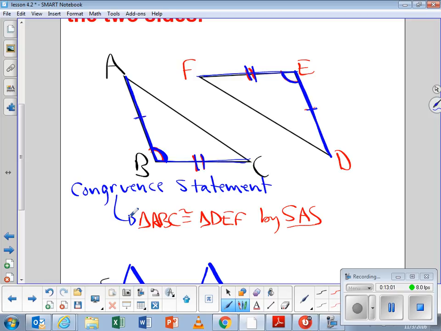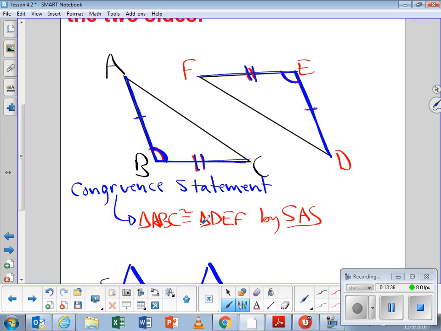It means that you, first of all, identify we're talking about triangles with a triangle symbol. And then you put the letters in the appropriate corresponding order. The first one you write, it doesn't matter the order in which you write it. Sorry, Paul. You write the first one in any order, but you have to match up the others in corresponding order.